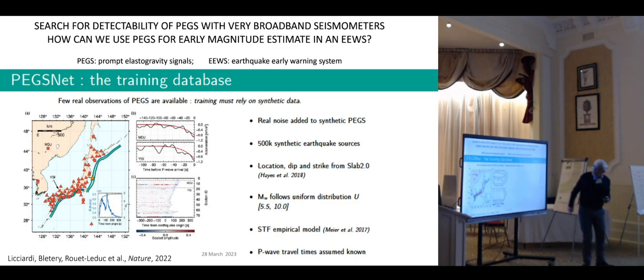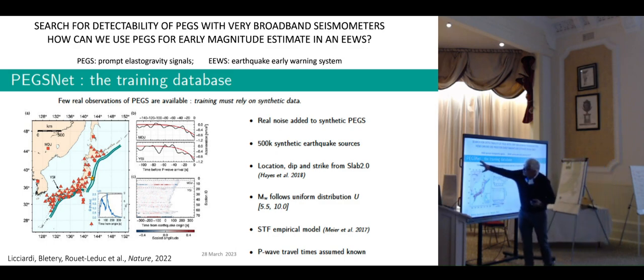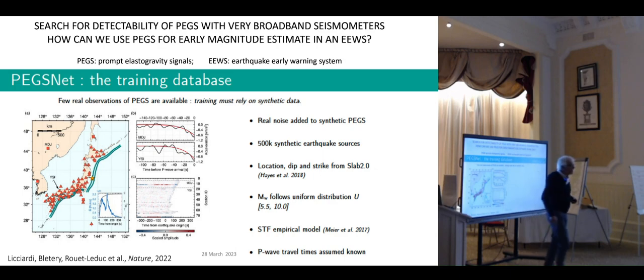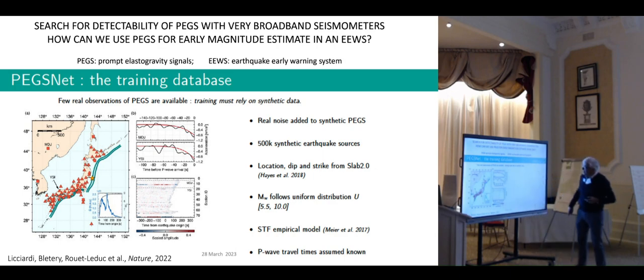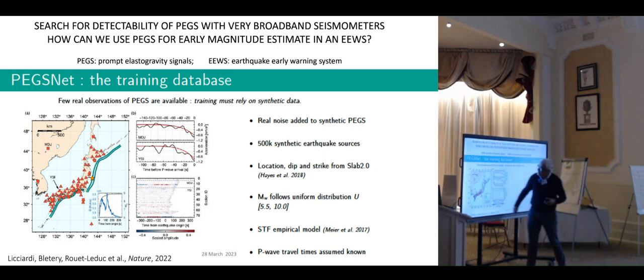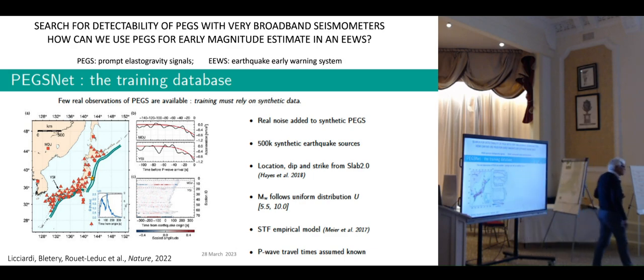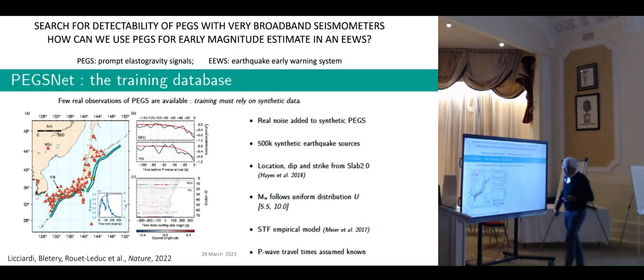And so you see that they define PEGSNet, which is composed of many stations in Japan, where the center of it is, and also some stations in Asia, in South Korea, and so on. So the basic idea is to train the network to recognize the PEGS signal.